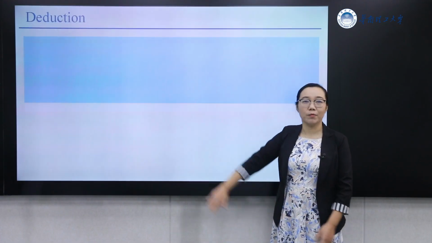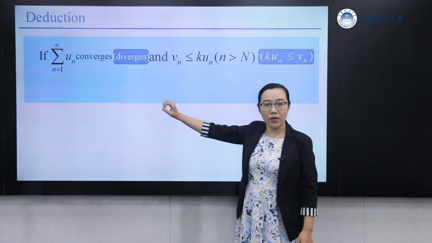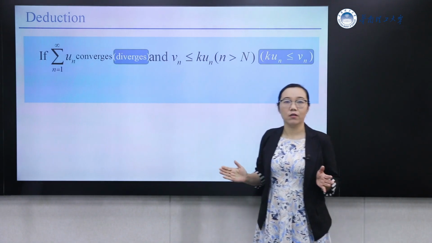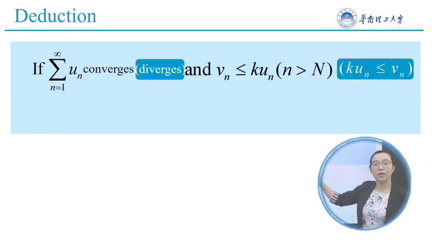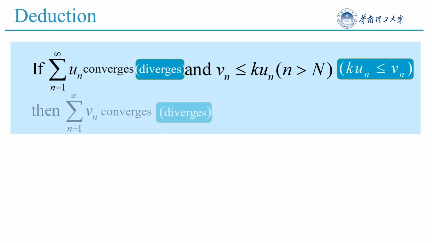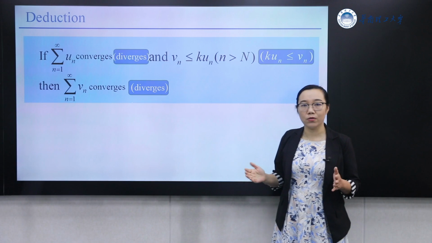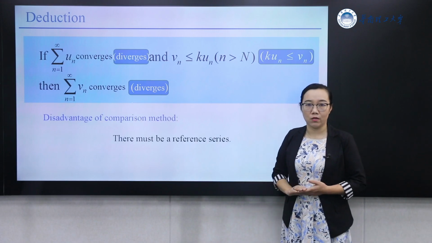According to the above statement, we can get the deduction: if the summation of un converges and satisfies the expression Vn less than or equal to k times un, then the summation of Vn converges too, and vice versa.